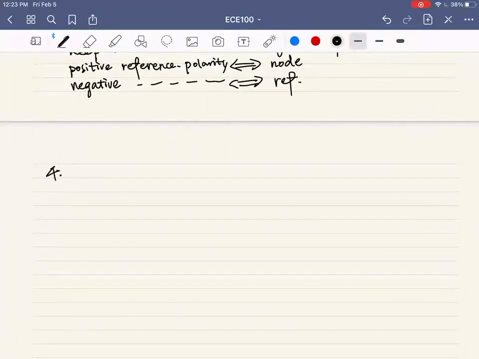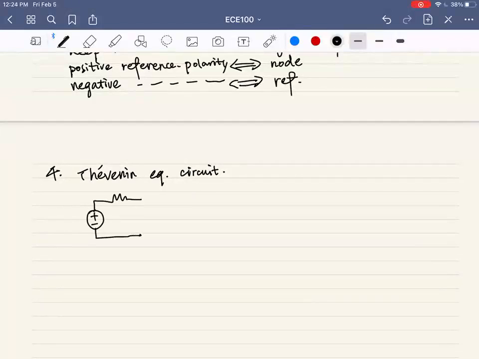And the last thing to remind you is about the Thevenin equivalent circuit. So when I was an undergrad, I was confused. Like, is Thevenin an open circuit? If it is an open circuit, why is it connected to other parts of the circuit?